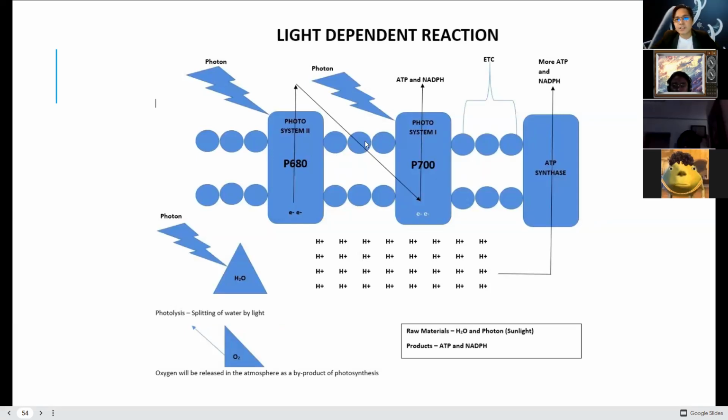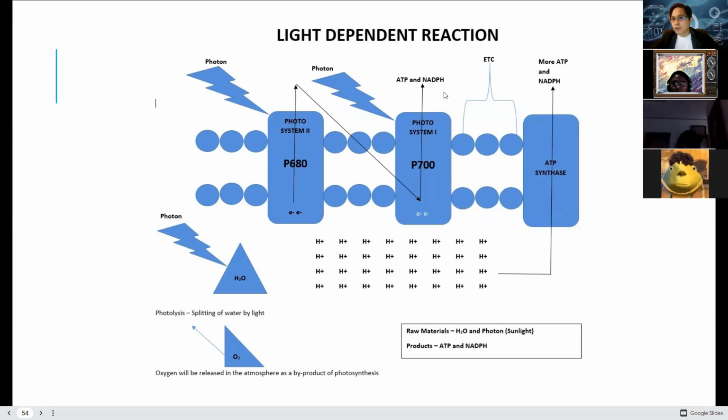This one is the ETC, electron transport chain, going to photosystem 1. Once a photon again strikes photosystem 1, it will again excite the electrons and convert ADP to ATP.